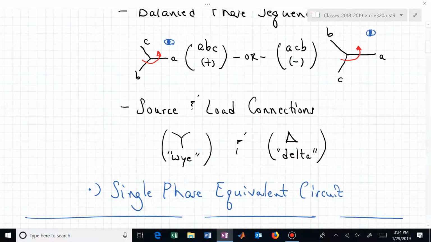We'll then talk about the different types of interconnections at both the source and the load side of these three-phase systems. We'll talk about a Y interconnection and a delta interconnection, and I may refer to those as just the symbol Y, or I might write it out and say Y, not W-H-Y, question mark, but W-Y-E. So that's the Y interconnection structure, and then there's the delta interconnection.